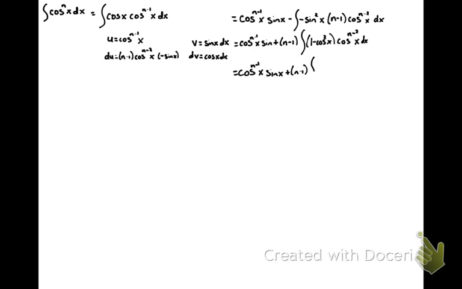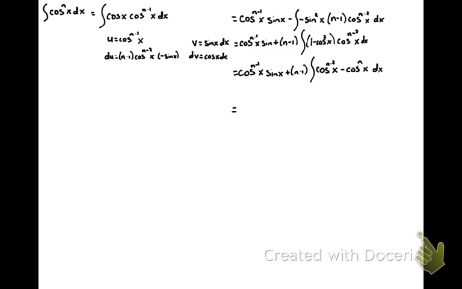When I distribute cosine of n minus 2 back in, I'll get cosine of x to the n minus 2 power minus cosine to the nth power of x dx. I'm going to break my current integral up into two component parts, and then we'll be able to show the identity.